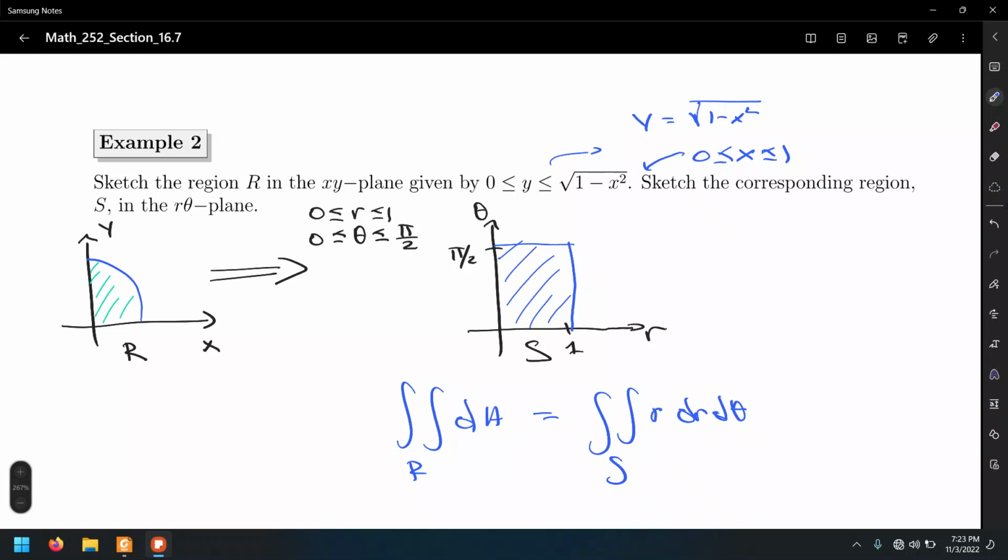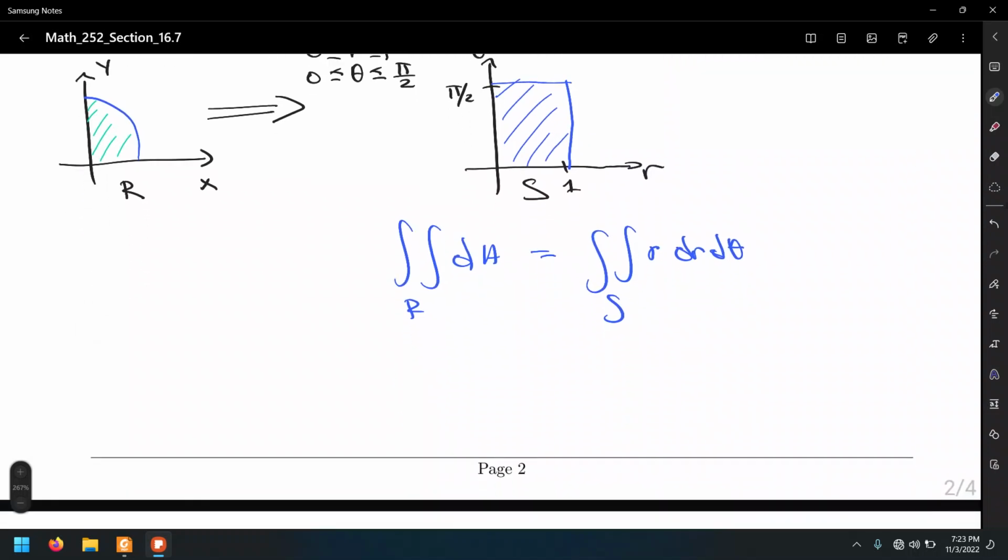That's just r. All right, that'll give us the area. If you wanted to calculate the double integral over the xy plane like that, you would most likely have to do a trigonometric substitution from Calc 2, right? Instead of just evaluating r dr d theta, which is going to be very, very straightforward. So that's the advantage of having this kind of substitution.